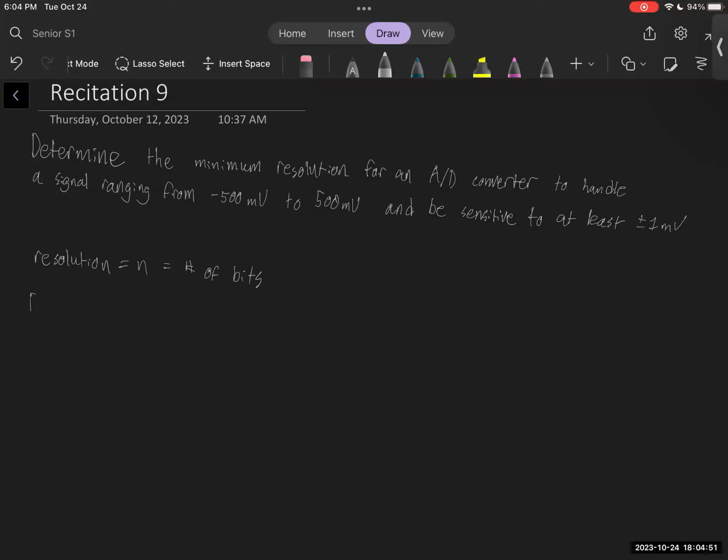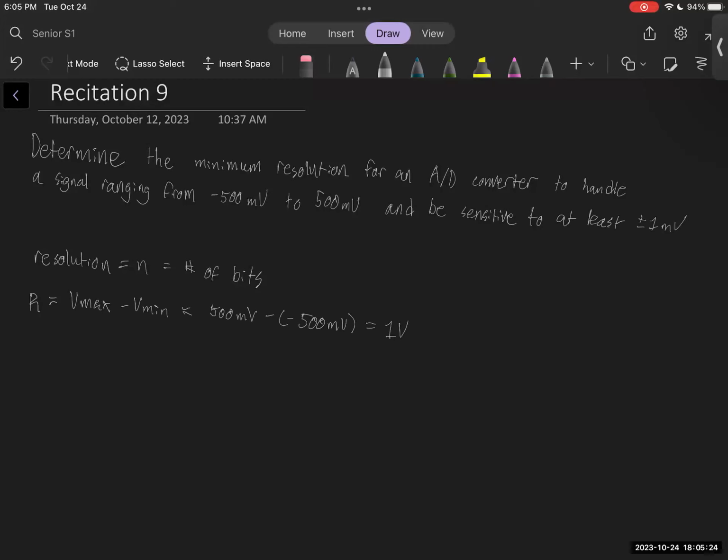So our R is going to be equal to Vmax minus Vmin, which is going to be equal to 500 millivolts minus -500 millivolts, which is going to give us 1 volt.